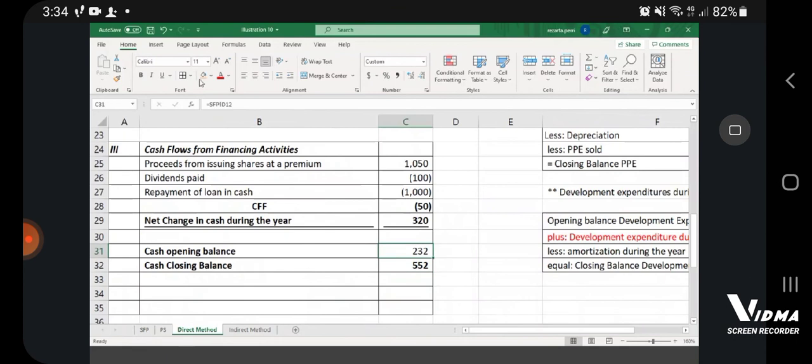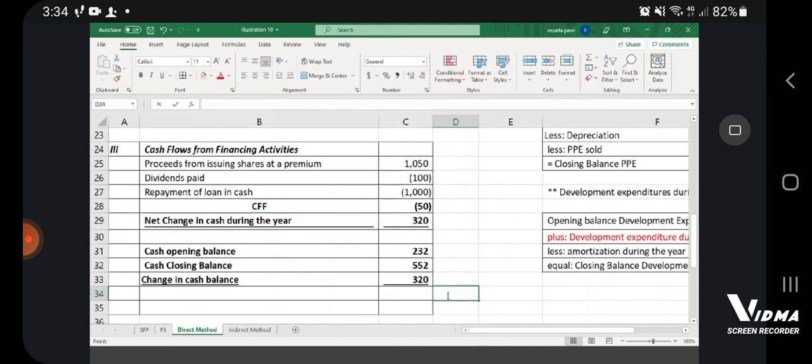So this is the amount, change in cash position or in cash balance. Okay, let's see that. Closing less opening. So the change in cash balance, as you can see, is equal with the net change of cash during the year.